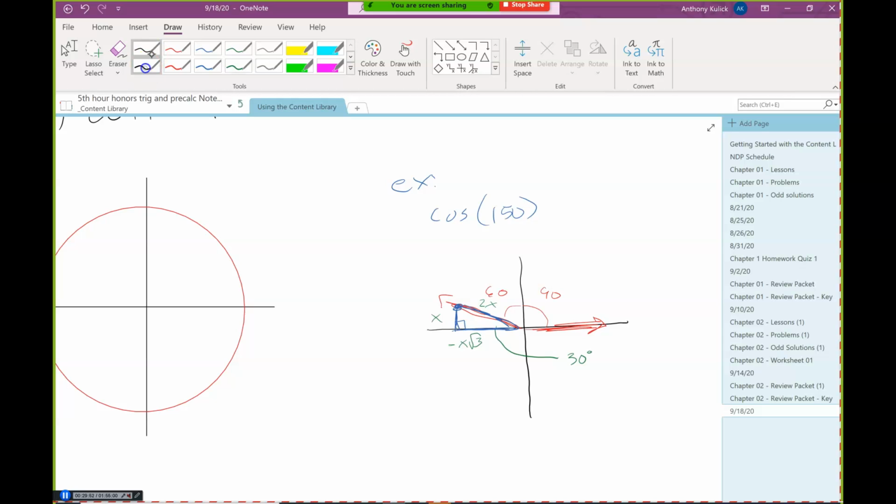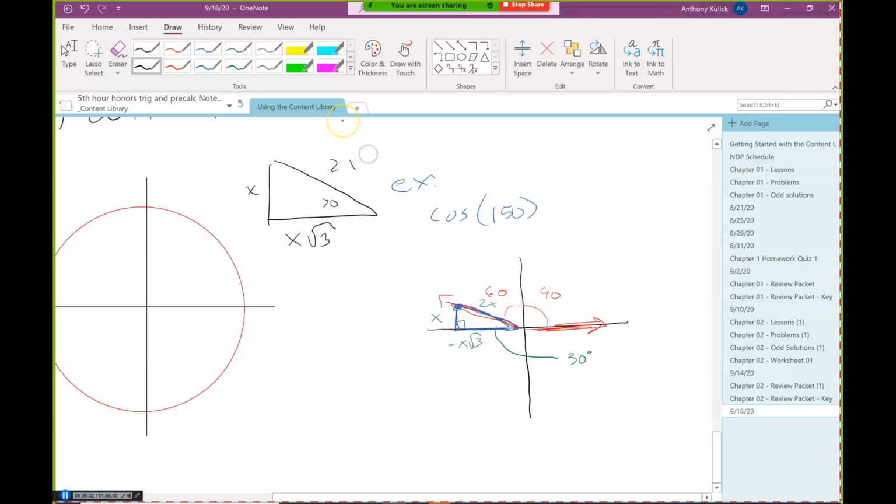The definition for a 30-60-90 triangle is always this. The negative sign comes because we're in the second quadrant, so that part of the x-axis is the negative end of it. Is that okay?